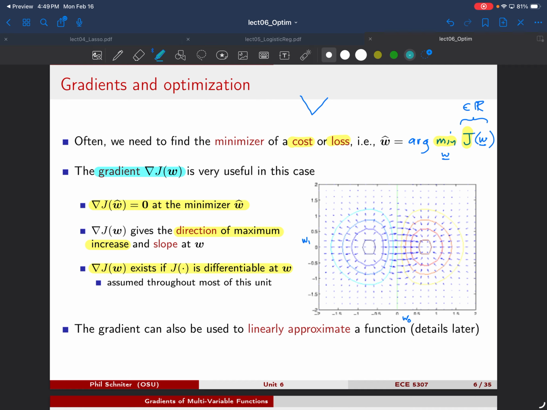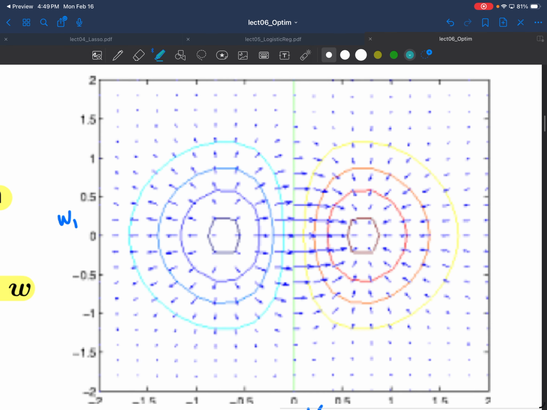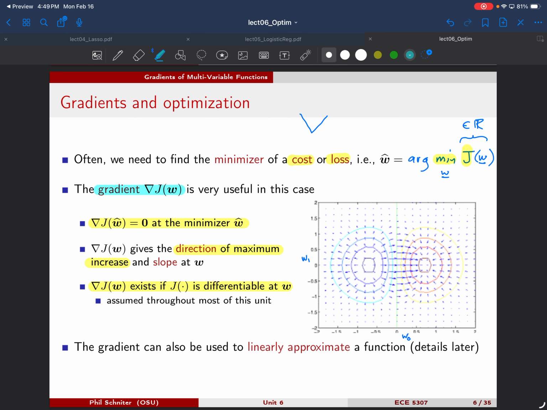It can go to 0 at any minimum, at any maximum, and at things called saddle points, where in one direction you look, it has positive curvature, like you're at the bottom, and in the other direction, it has negative curvature. So it's just like a saddle on a horse, or like a Pringles potato chip. There's that point, it has 0 gradient, but it's neither a minimum nor a maximum. It's kind of both and neither. So those are the three places we can have the gradient going to 0.